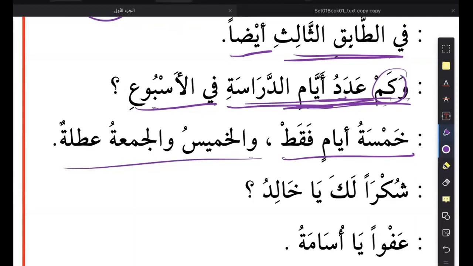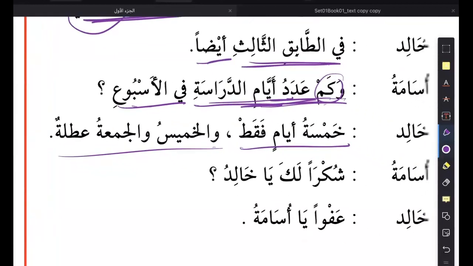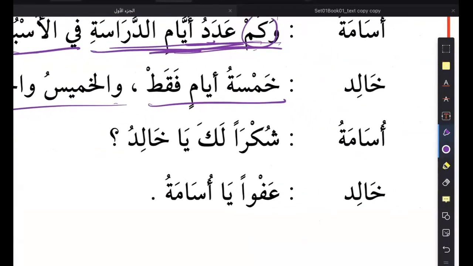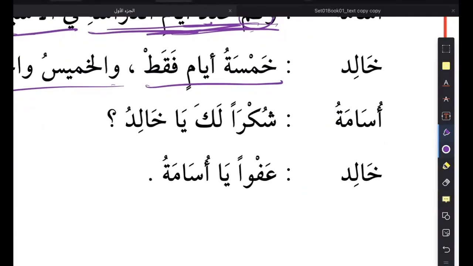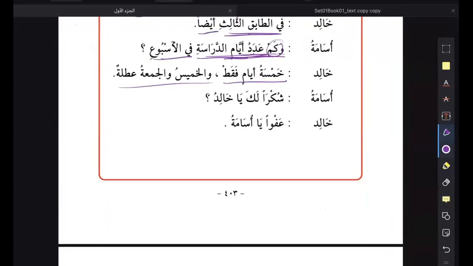We had the same expression before. Khamis is Thursday, Jumu'ah is Friday, عطلة is break or holiday. Then Usama says, Shukran lak ya Khalid. Khalid says, Afwan ya Usama. Okay, Shukran and Afwan. Simple stuff.